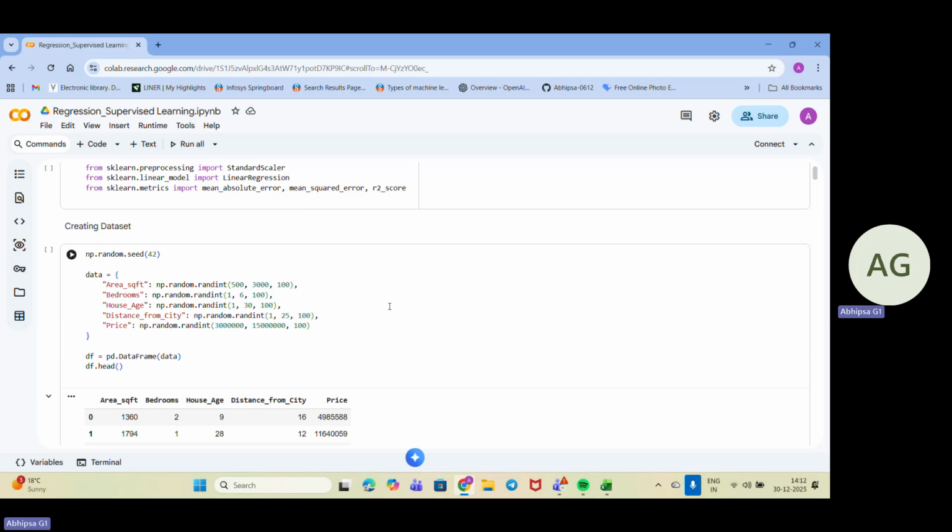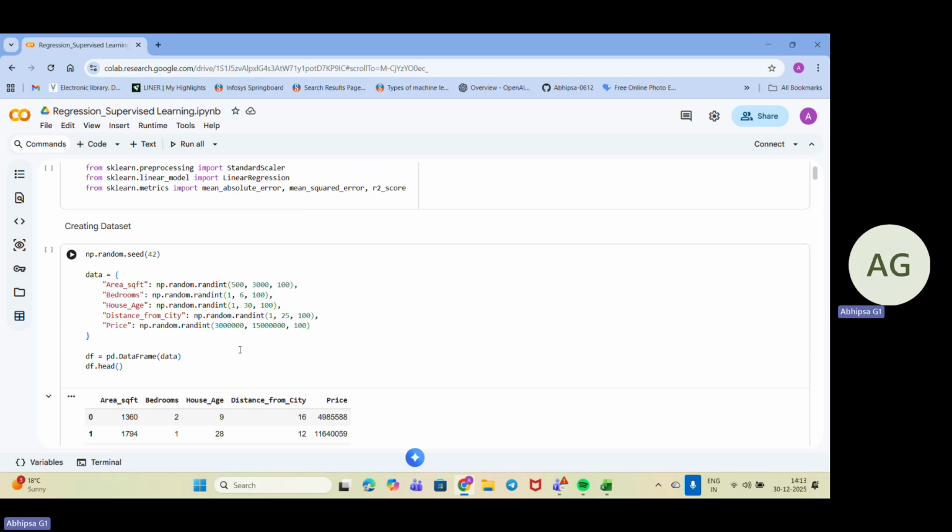For creating the data set, we have taken many fields accordingly. We have taken the area in square feet, the number of bedrooms, the house age, the distance from the city, and the price. Accordingly, we are given this data set.